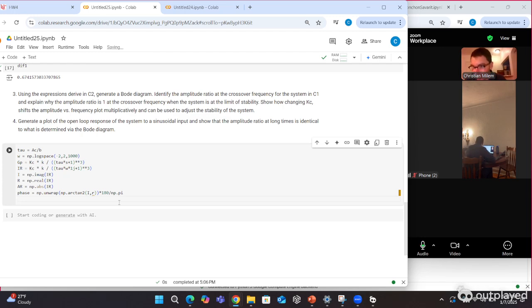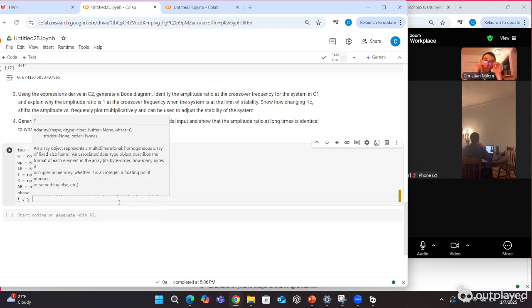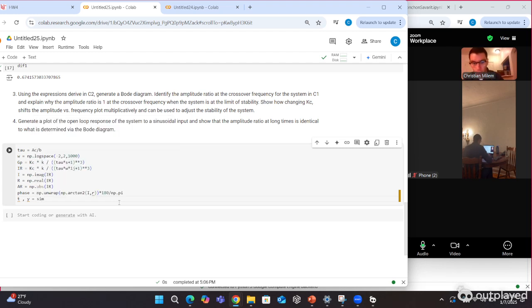Okay. So we have everything. I think we just need our time and our y values for the closed loop simulation. So that's going to be equal to simulation GP. So we have our lambda function t. The function t is going to simply be our sine function, 1 times t.